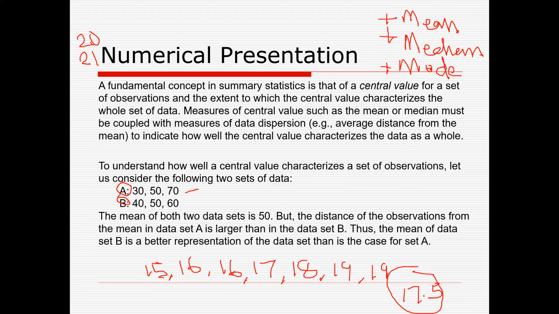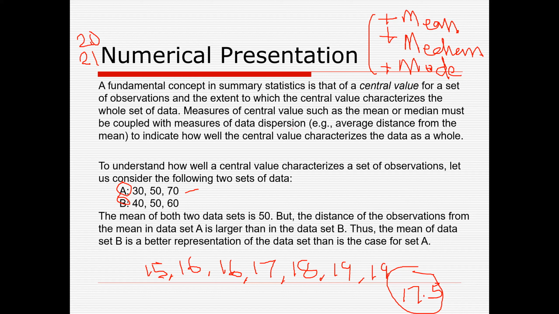But the fact remains that what will determine the best measure of central tendency, that is, which of these three best explain or summarize a data set, will depend on the data set itself. Number one, how skewed is the data set. How closely aggregated is the data set.